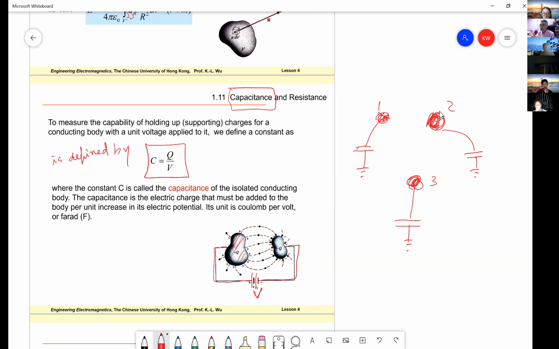That is self-capacitance. Also between each conductor we have a mutual capacitance. That is the capacitance level if we have more than two conductors. As long as you have a conductor, you have capacitance.